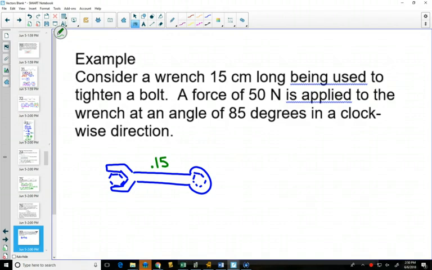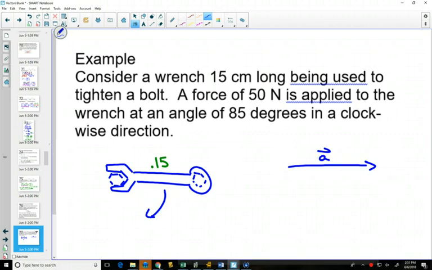If we're applying this vector, I'm going to redraw that vector as vector A. If we are applying a force to that vector to tighten it, you would be turning it this way just like you would tighten a toothpaste tube.